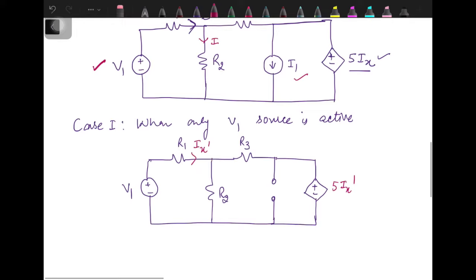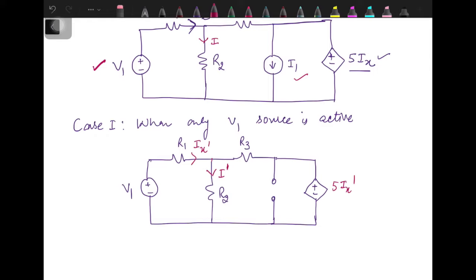And our question was to find out the value of I. Obviously it will become some different current. Let's denote it as I dash. Now how to find I dash? It's totally an individual's choice. One can go with mesh analysis, another one can go with nodal analysis.